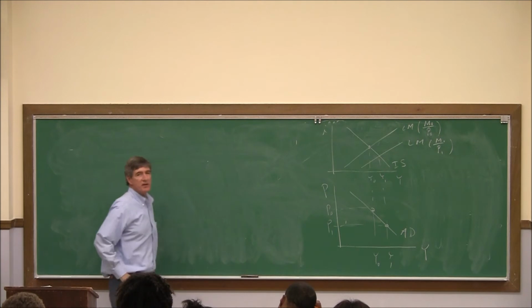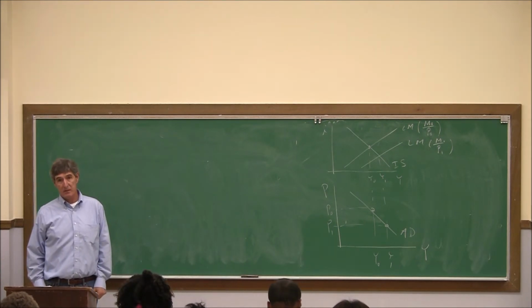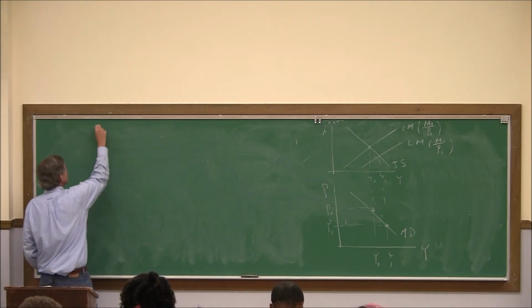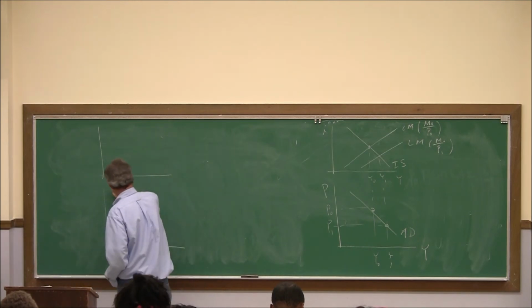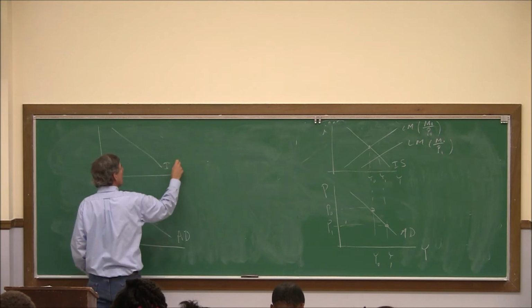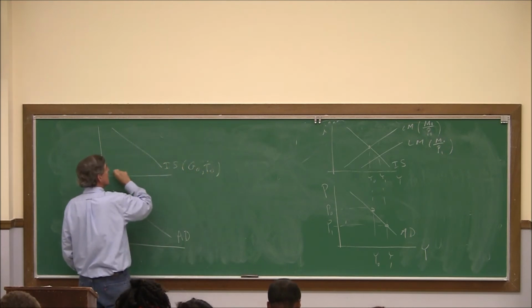I just want to look at shifts in the aggregate demand curve. What makes it shift in or out? When we're looking for shifts, we just pretend it's already built. So we've already built the aggregate demand curve, IS, and let me look at some things we're going to worry about.